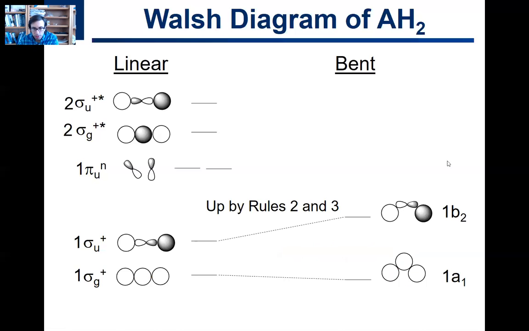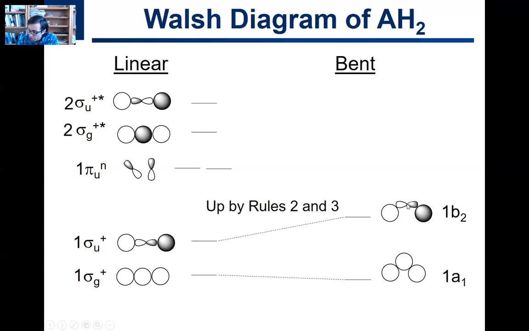All right, next one. We've gone from the σu+, and it translates in C2v to b2. We've brought down these hydrogen atoms, and what has happened? Well, 2 things have actually happened here. One is rule 2 tells you that you have decreased your center atom to ligand bonding, your A to L bonding here. Why is that?